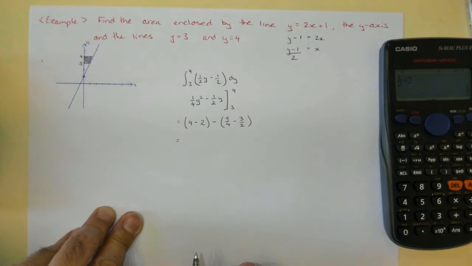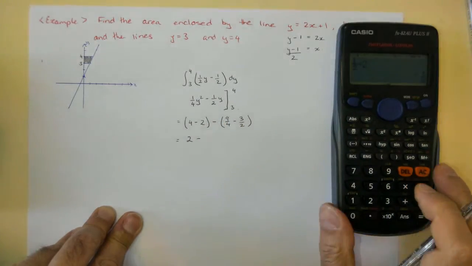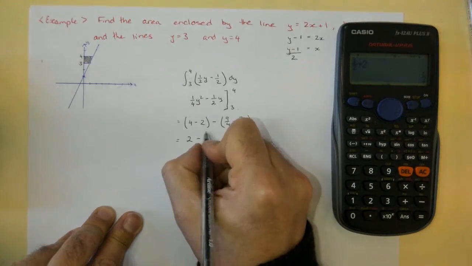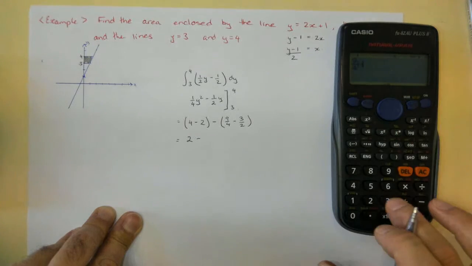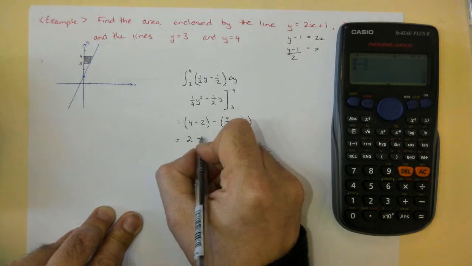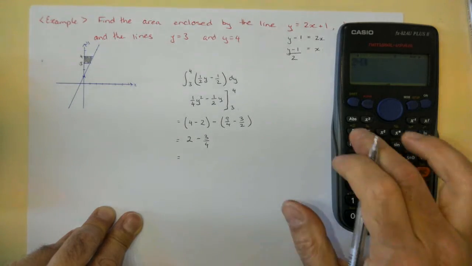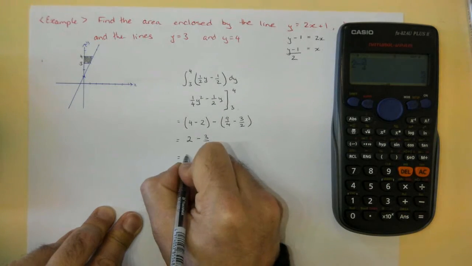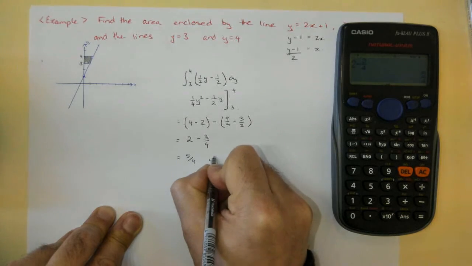Okay, so that's 2 minus 3/4. So we get 5 over 4, or 1.25 squared units.